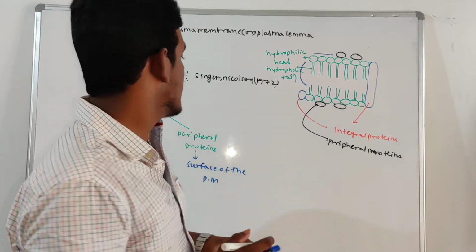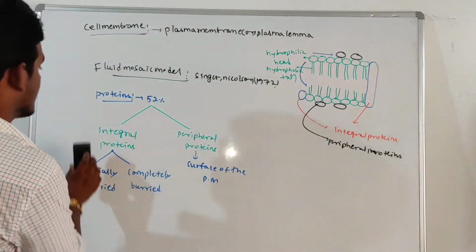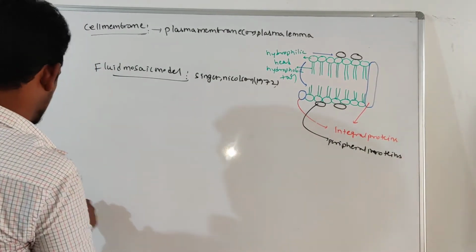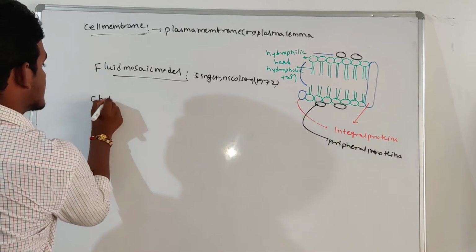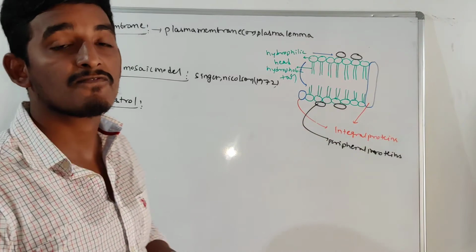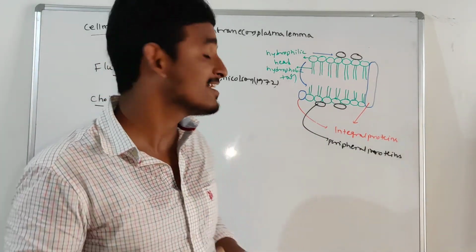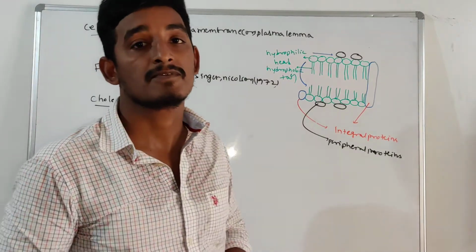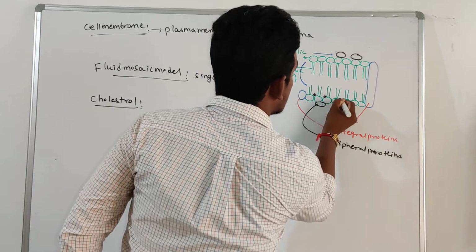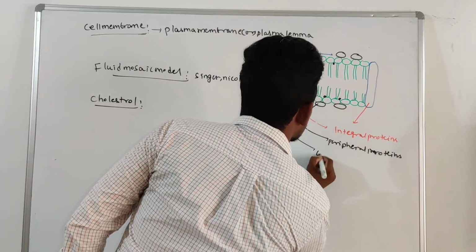Later, another type of component present in the plasma membrane is cholesterol. So what is the use of cholesterol? Here the plasma membrane stability is maintained by cholesterol only. In some places the plasma membrane has water, and here it has cholesterol.